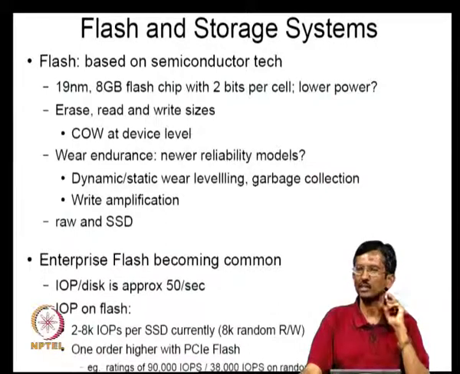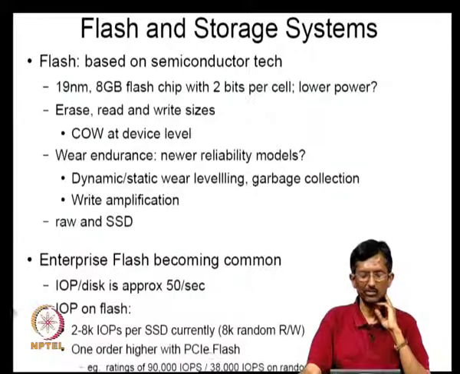You can have even much higher numbers. For example, instead of 2000 IOPS, we can go to probably 38,000 for writes. This 8K is for reads, where the corresponding figure is 90,000. So you can go an order of 10 times or more if you go for PCIe flash. Of course it is more expensive, but this is for the high performance kind of systems.